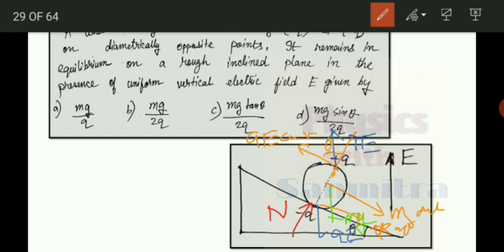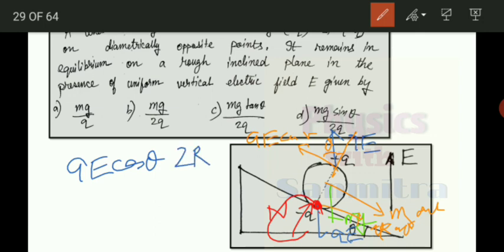Now let me do one thing. Let me balance torque about this point. So I can eliminate two forces here: this N, because it is touching here, and this qE. So if I balance torque, I will get qE cos theta into 2r.